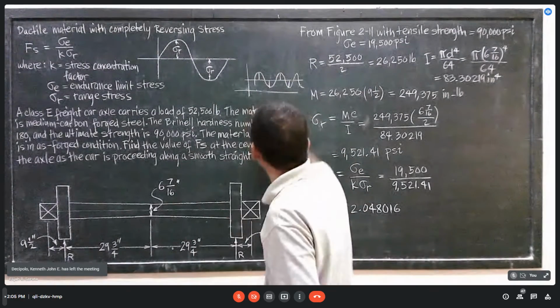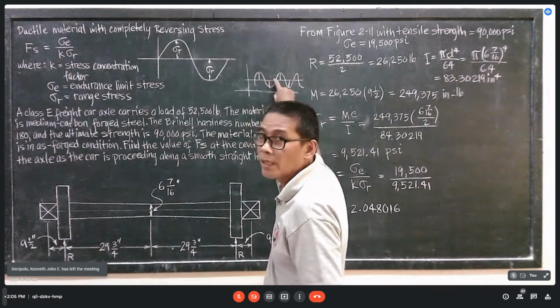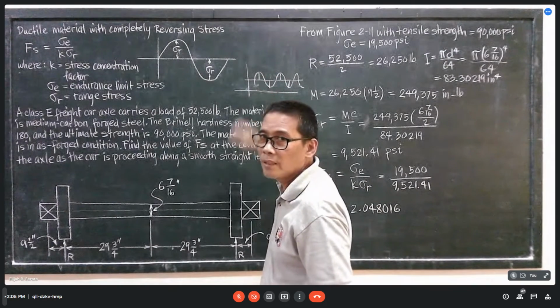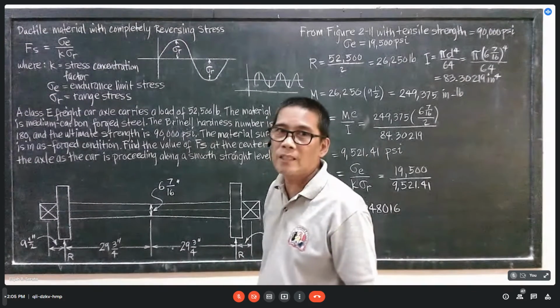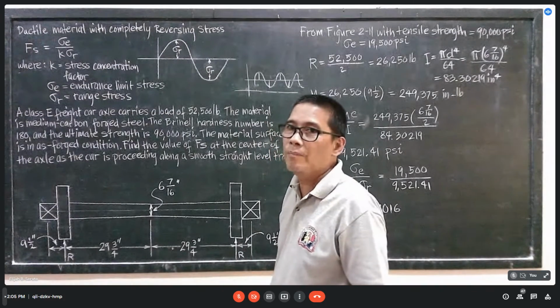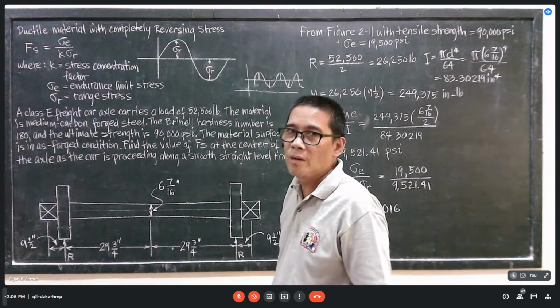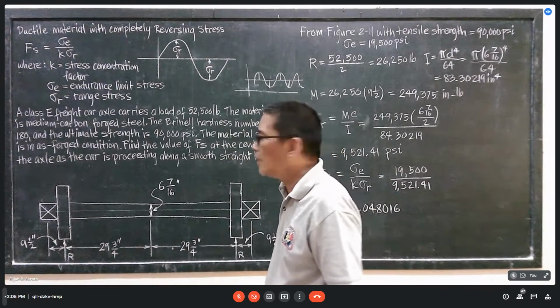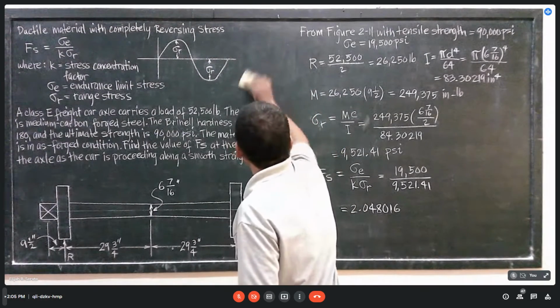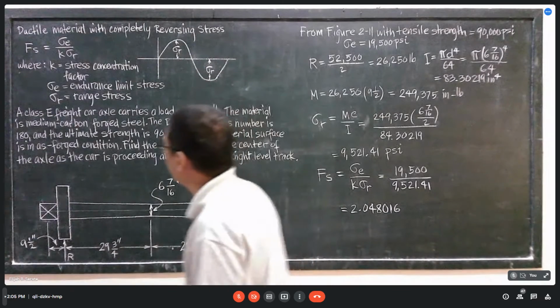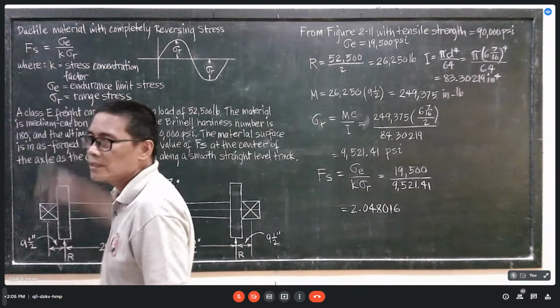This is your average, because later on we will be discussing stresses wherein the average is not 0. But for completely reversing loads, our average is 0. So that is the meaning of this range stress.